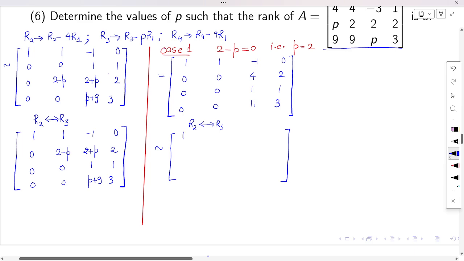This becomes 1 1 minus 1 0, 0 0 1 1, 0 0 4 2, 0 0 11 3. Now apply row 3 minus 4 times row 2 and row 4 minus 11 times row 2.